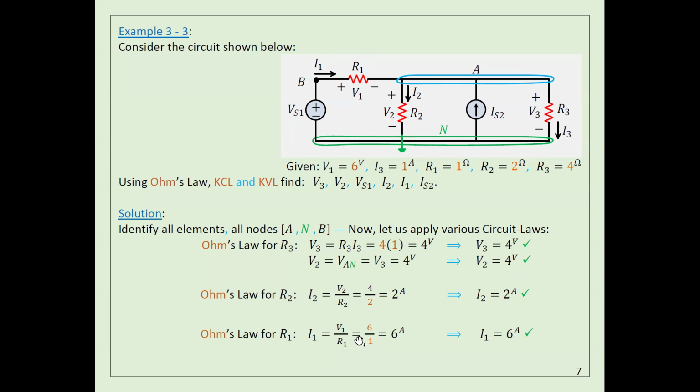So I have the current I1, calculated by the voltage drop divided by the resistance. I2, I was able to calculate it. I3, I think, is given to me.